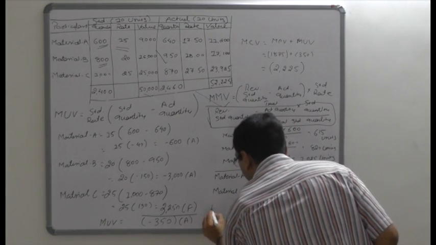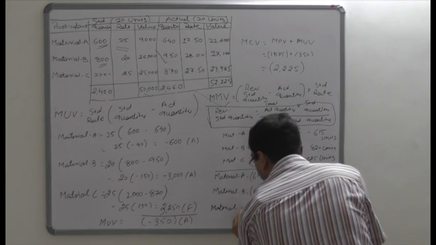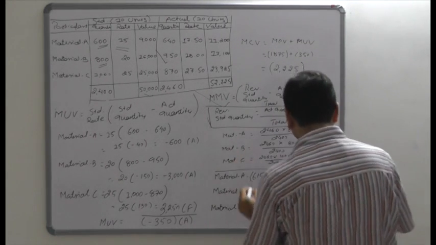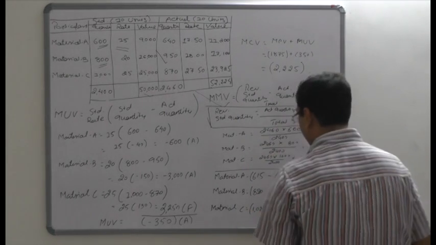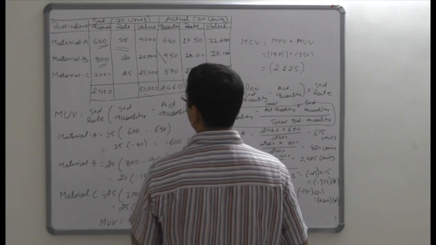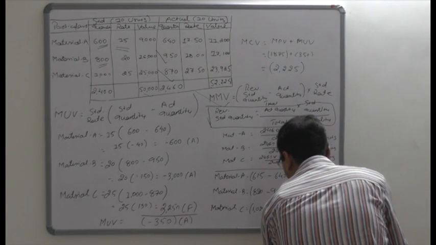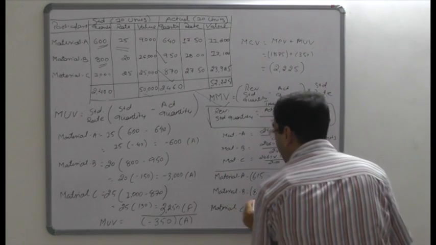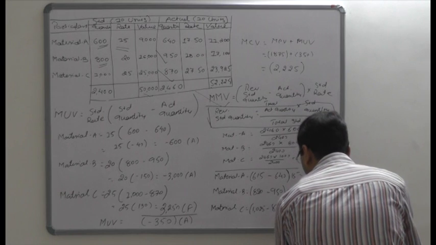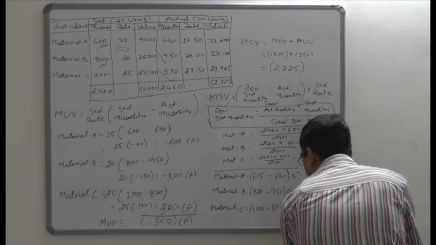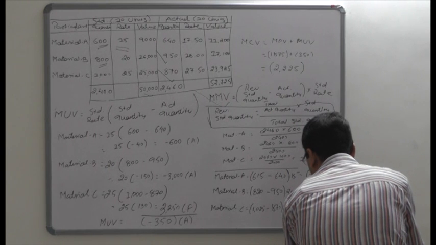Now in case of material C, revised standard quantity is 1025 minus your actual quantity incurred, 870, and the standard rate is 25. That means it is around 155 multiplied by 25.